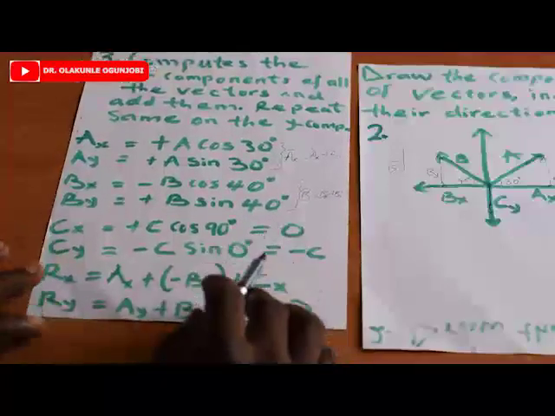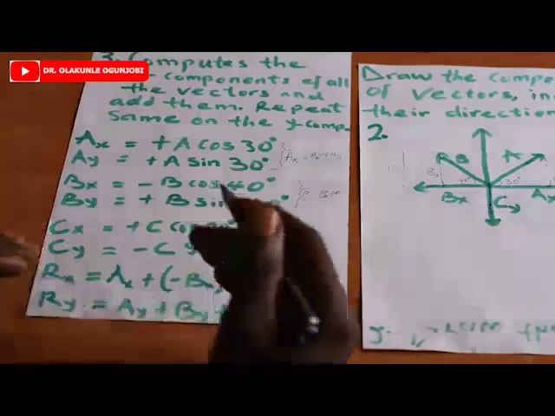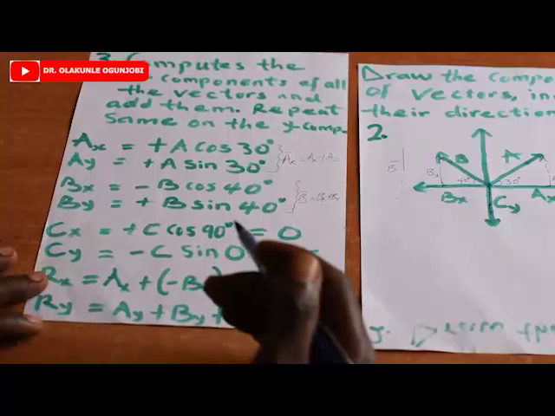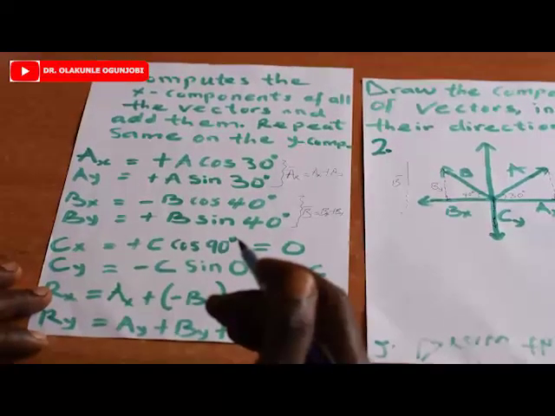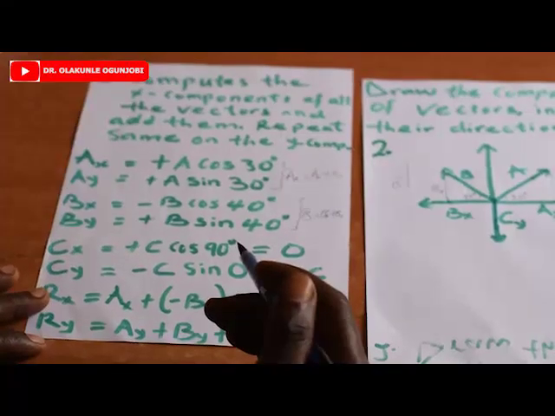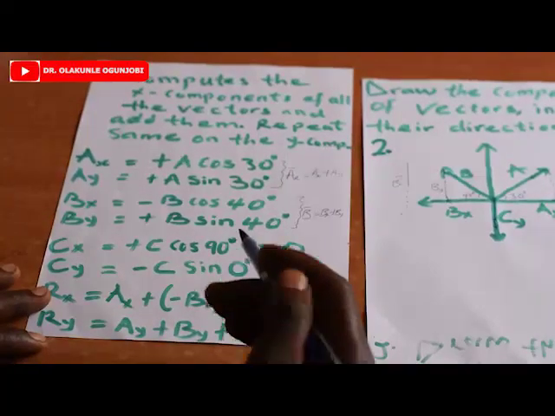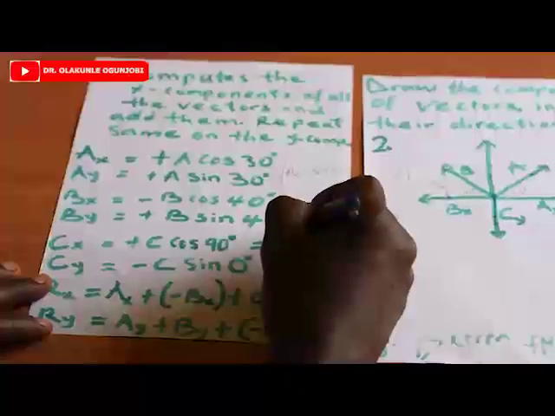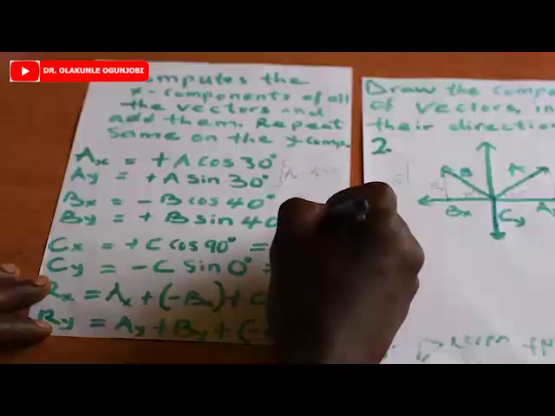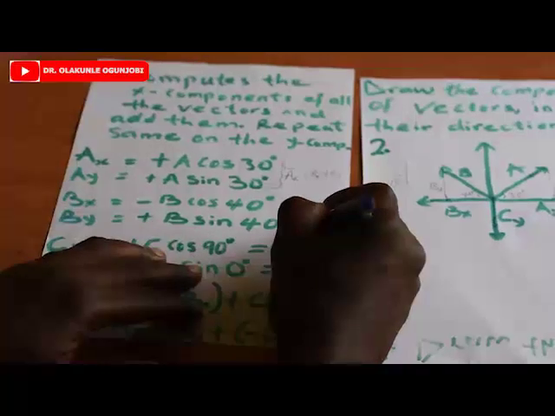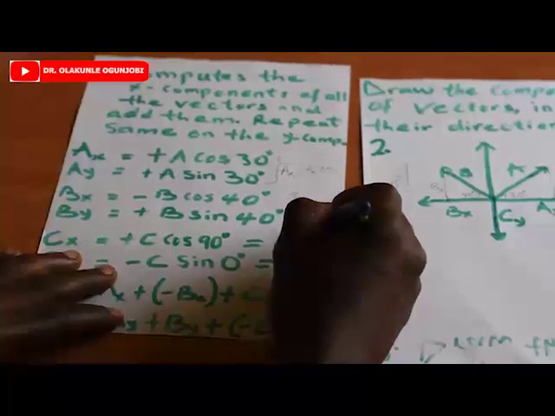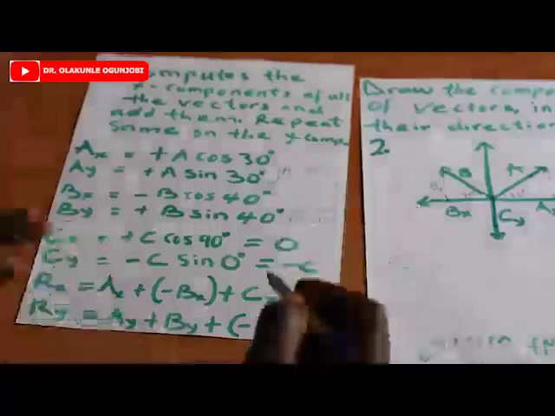Now, the c side of it. Do not forget, however, that the bx is negative. You know why? So you can have b equal to minus bx plus by. Do you understand that?